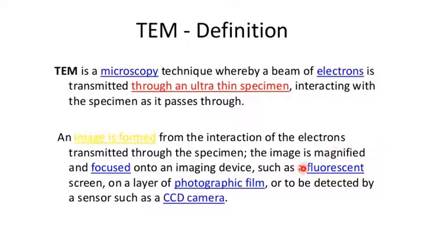The image is magnified and focused onto an imaging device, such as a fluorescent screen, a layer of photographic film, or detected by a sensor such as a CCD camera.